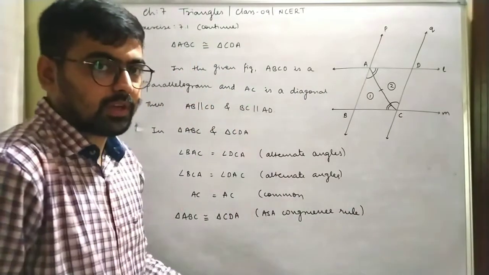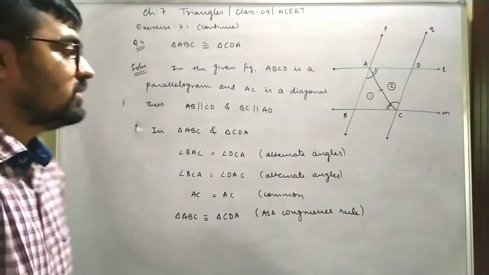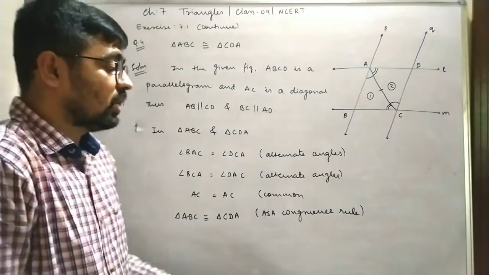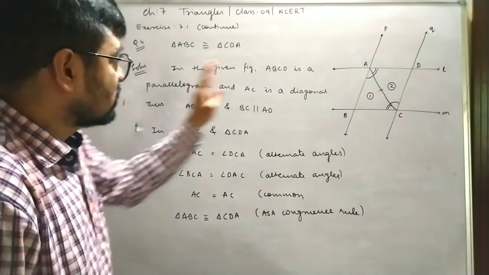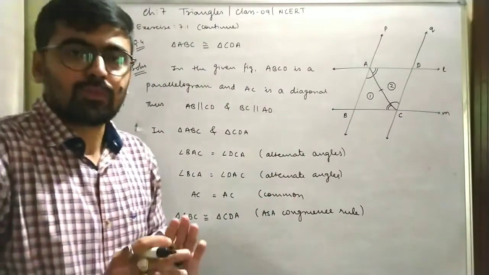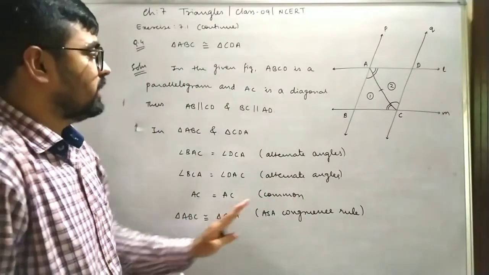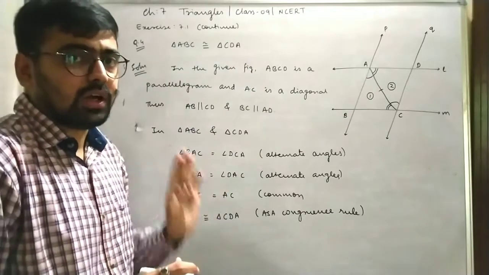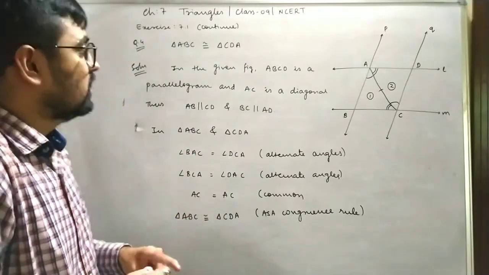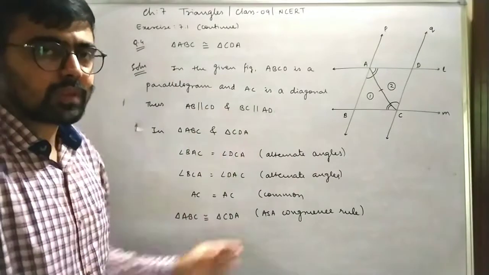Am I correct? Simple. So this is how we can prove this kind of problem. I don't think there would be any difficulty in understanding this particular problem, correct? So you can pause the video and note it down.